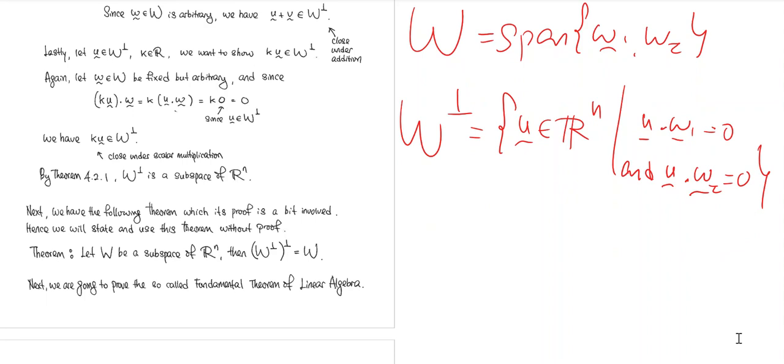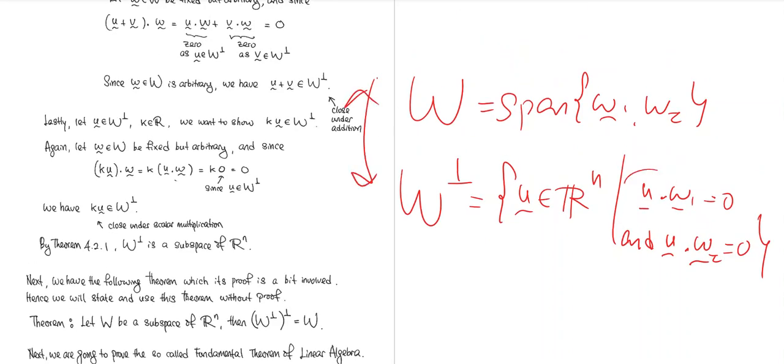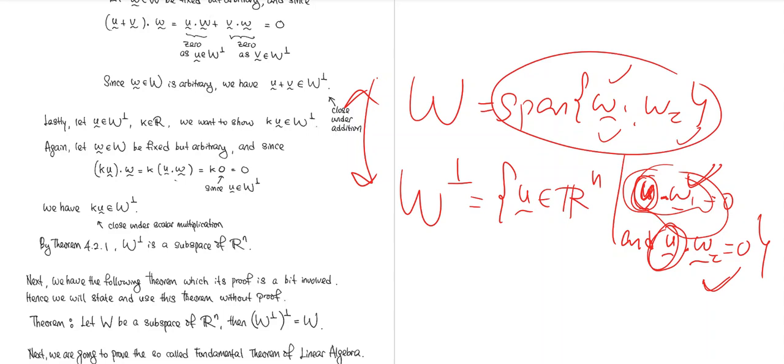And this goes both ways. If you can find a vector U that's orthogonal to W1 and orthogonal to W2, then if W1 and W2 span the space, you know that this vector U will be in the orthogonal complement of this vector space.